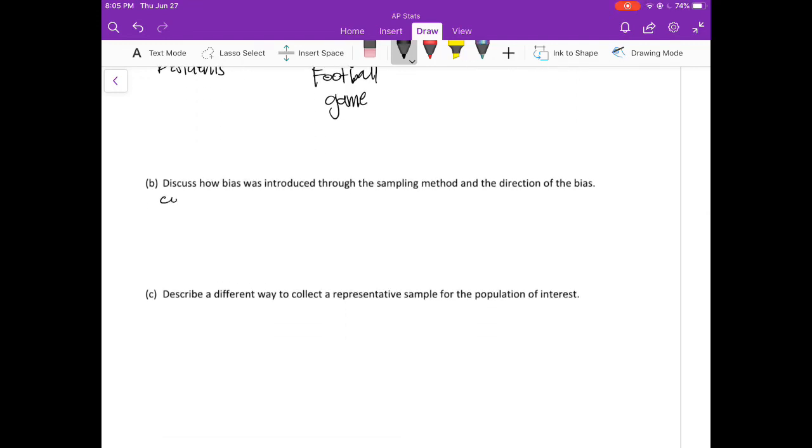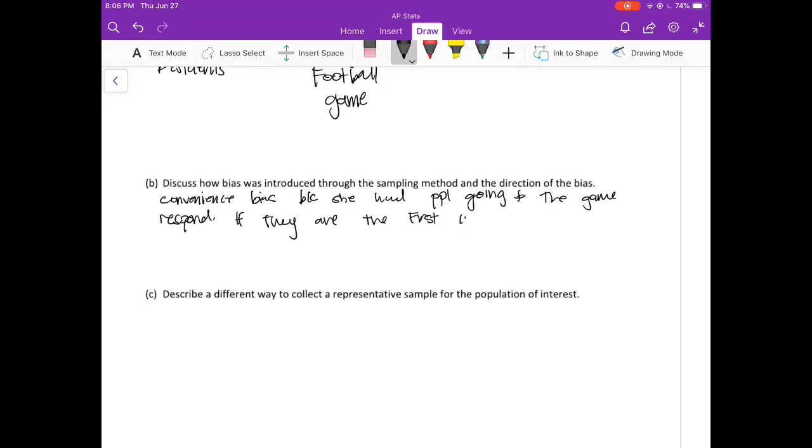So this is a convenience bias, because she had people going to the game respond, and of course if they are the first 100 people, there's going to be an overestimate in support for the high school.